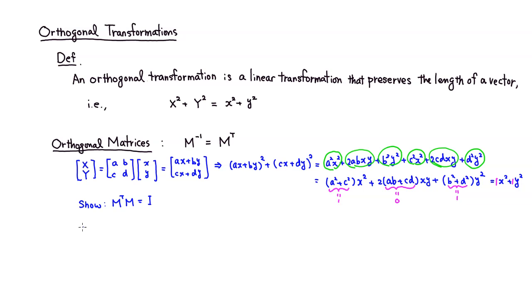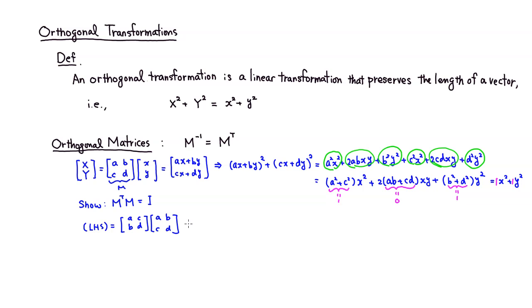So let's try that. Left-hand side: M transpose. So this is M, and the transpose is just A, C, B, D. Original M is A, B, C, D.